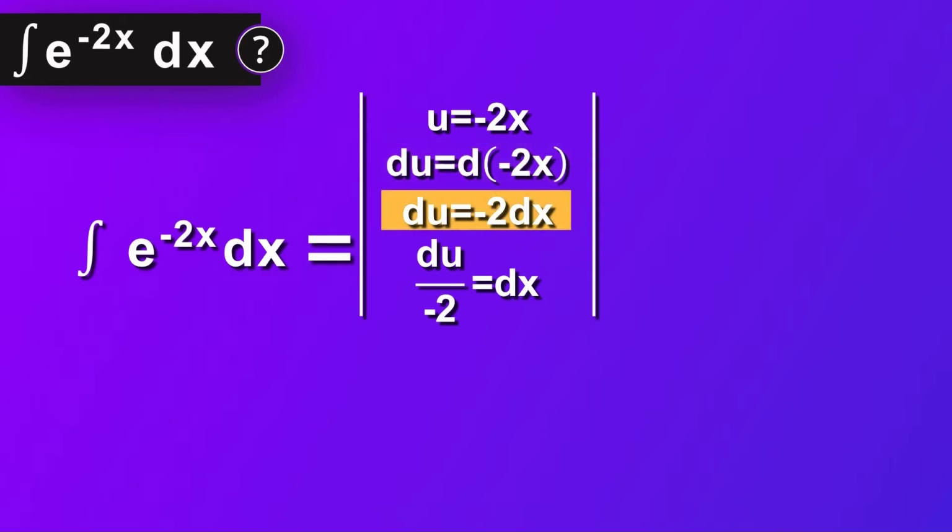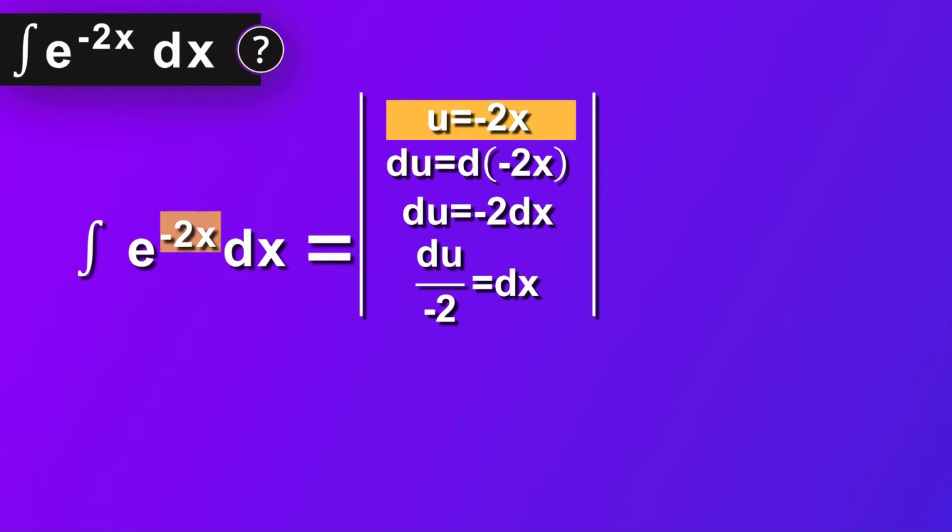But what we want to have is an exact expression that we insert into our main solution instead of dx. So, after division of both sides by minus 2, we've got du divided by minus 2 is equal to dx, which we were searching for. Let's make use of our u.